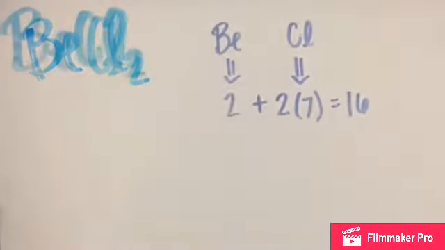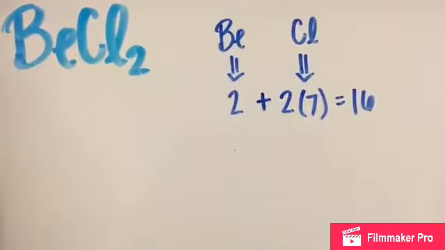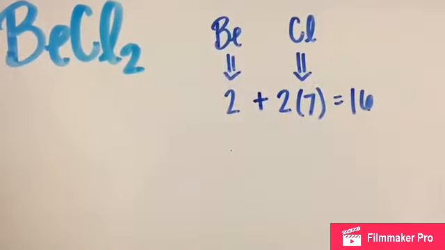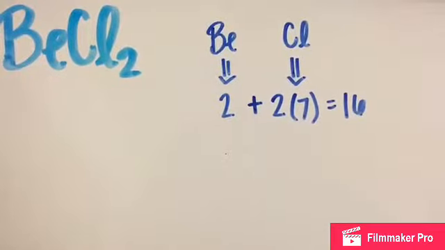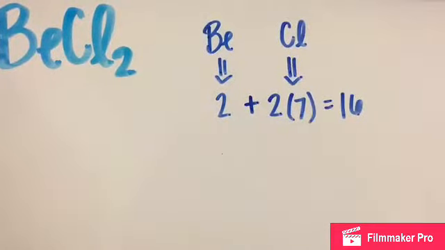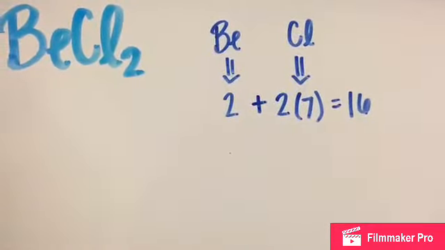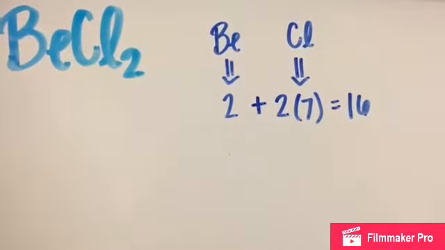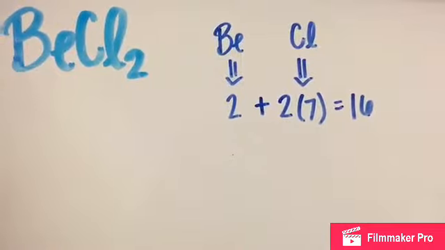Now let's take a look at the beryllium chloride molecule. Now let's take a look at the electrons that we will use. We get 2 valence electrons from beryllium plus 7 electrons from each chlorine atom, and added together that gives us 16 valence electrons.